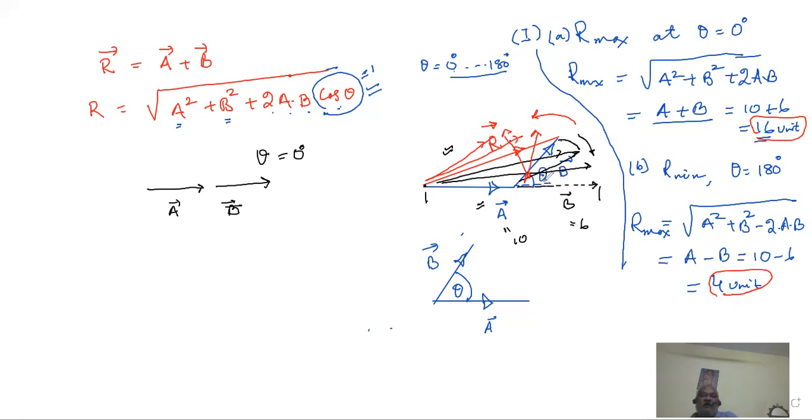As angle theta increases, initially 10 degrees, 20 degrees, 30 degrees, 90 degrees, 120 degrees, 130 degrees, the resultant still decreases. In the extreme case, the resultant will assume the minimum value when B lies flat on A, but in the backward direction. At that time, A and B will assume their postures like this. And the angle between them, and how much is that resultant?